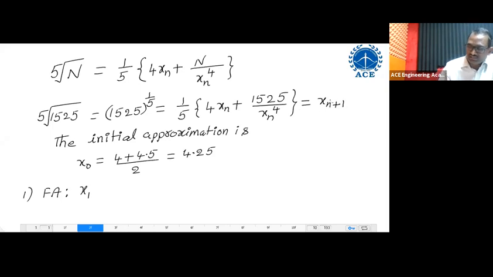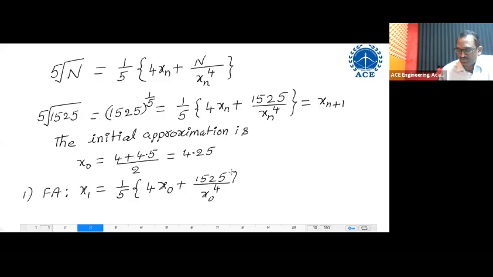To get x1, take n is equal to 0 here. So x1 is equal to 1 by 5 into 4x0 plus 1525 by x0 power 4. Substitute and then simplify.